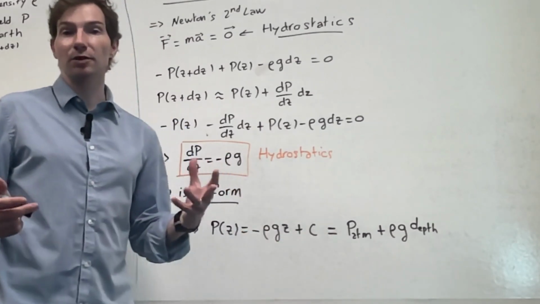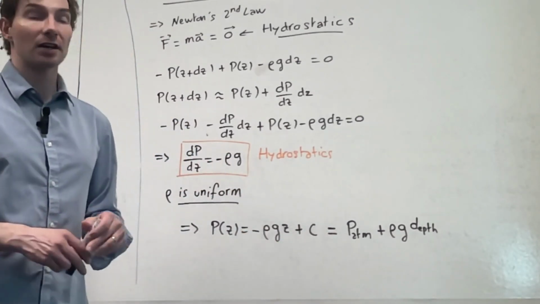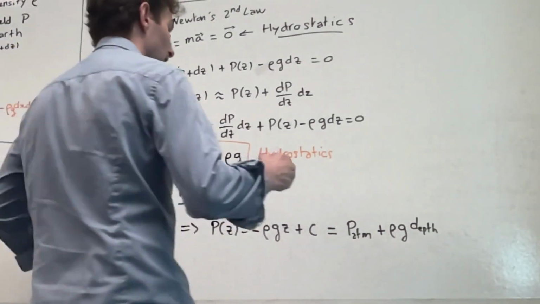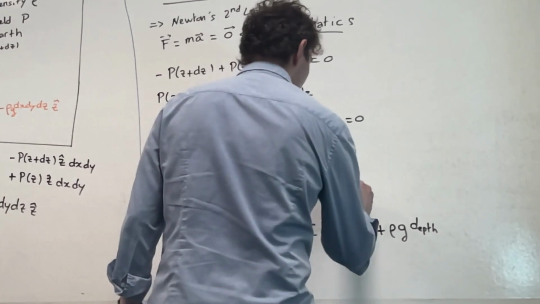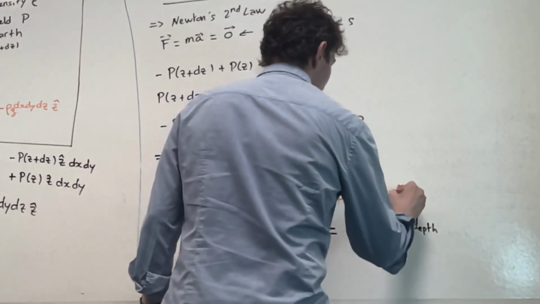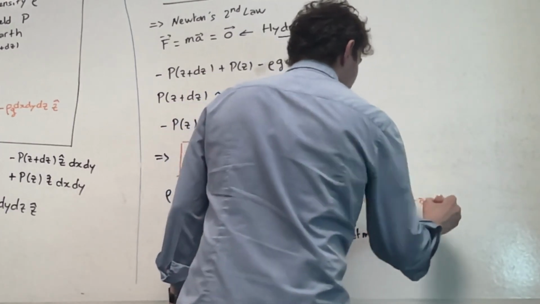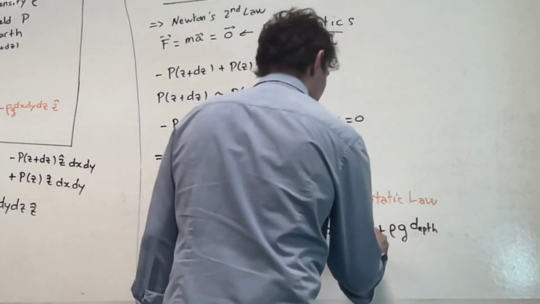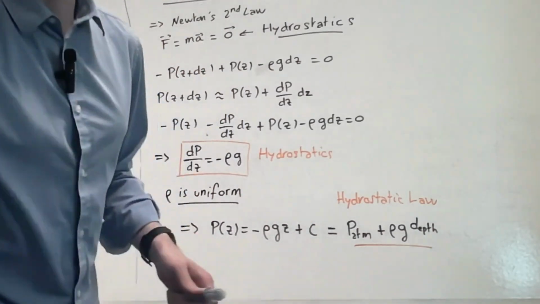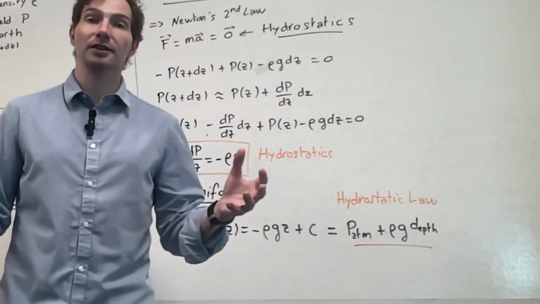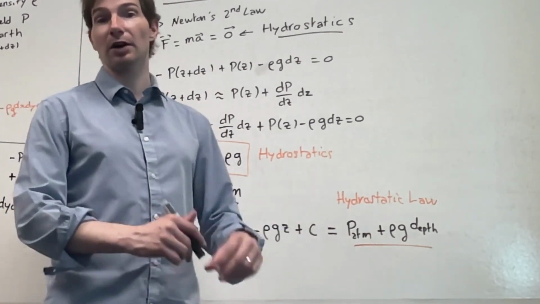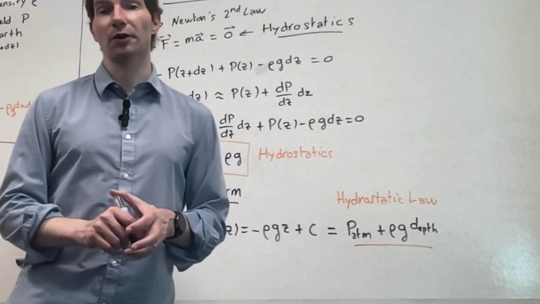And this equation is usually called the hydrostatic law. That works very well in liquids. And again, if you want to see at the bottom of the sea, this would work quite okay as well.